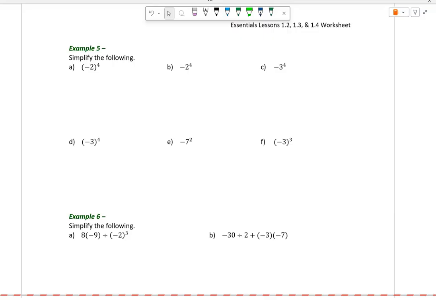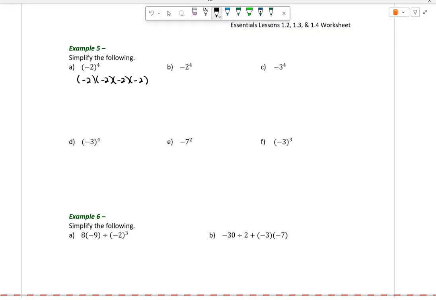It's on the parentheses, right? So what that 4th power tells me in part A is I want 4 of those parentheses multiplied together. So this is telling me to do negative 2 times negative 2 times negative 2 times negative 2.